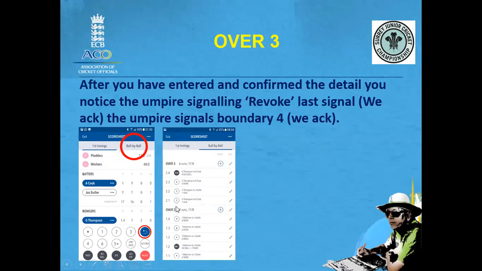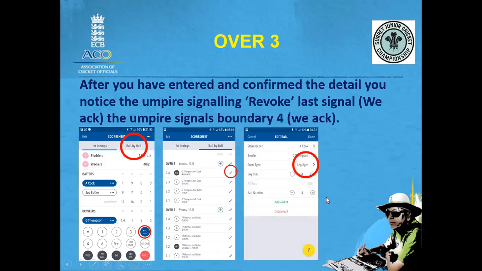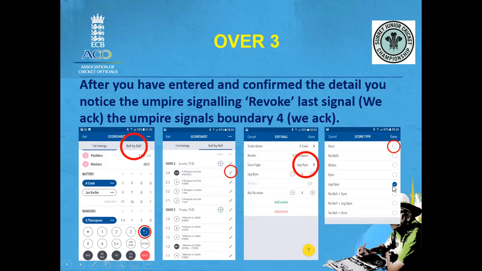So as you can see, this second over, first delivery, second delivery, third delivery, fourth delivery, we can click on the edit button and it will show us what it's recorded, that Cook was striking, Thompson bowling, that it was leg byes, and there were 4 of them. If we click on that, we're able to change the leg byes to runs and click done. And that will now update the scoring record to show that that was actually 4 runs rather than 4 leg byes.